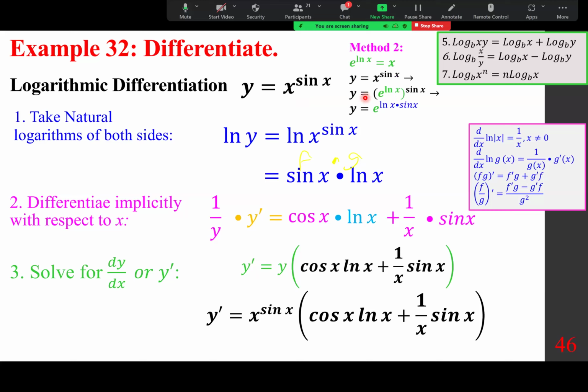We are going to replace the x with e to the power of ln x. And so therefore, e to the power of the product of these two, ln x times sine x. I highly recommend you try this. You differentiate this one, you get to the same answer, everybody. Okay, you can try that.